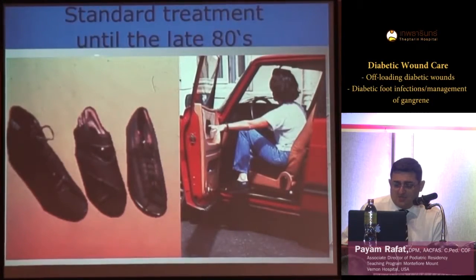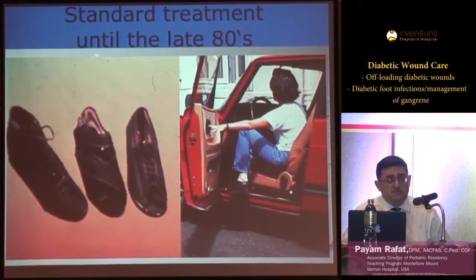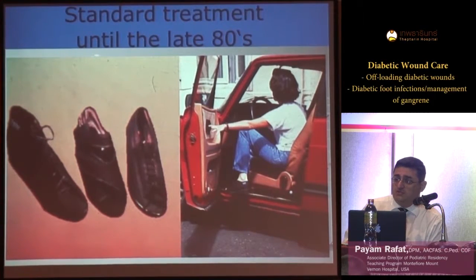Standard treatment up until the late 80s was to give a person just a regular flat surgical shoe. Partly, I guess, when they had a big bulky bandage, they were unable to fit into a regular shoe, so they were given a surgical shoe, which typically has much more room on the inside.